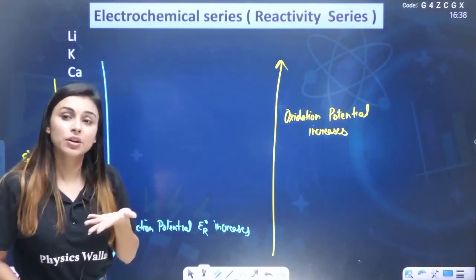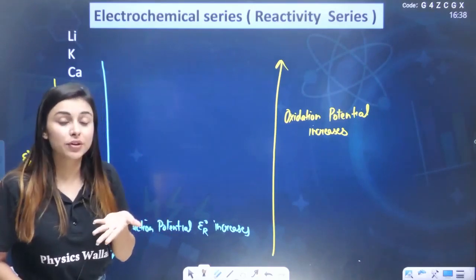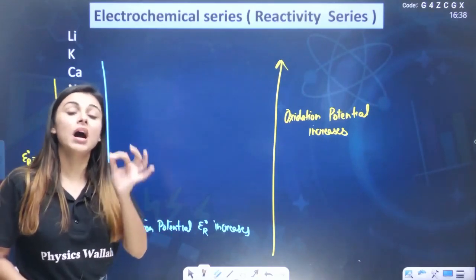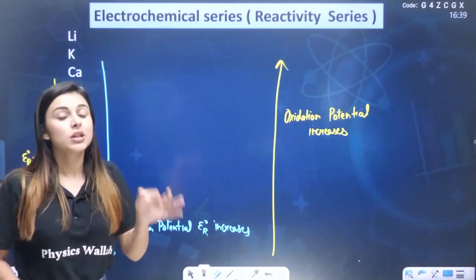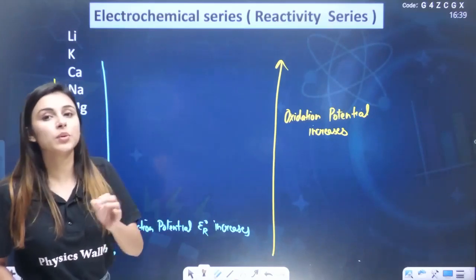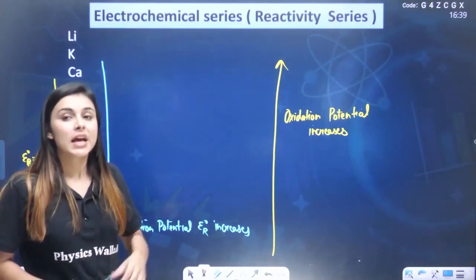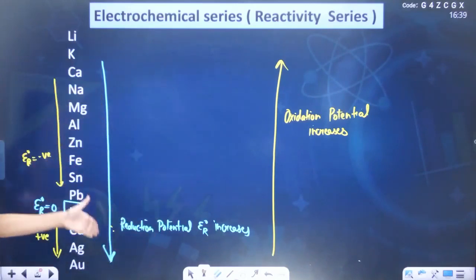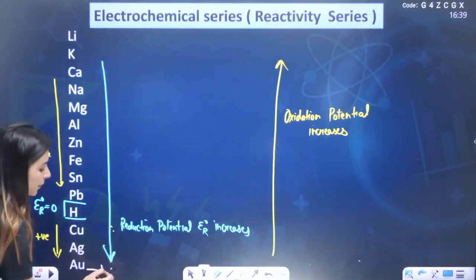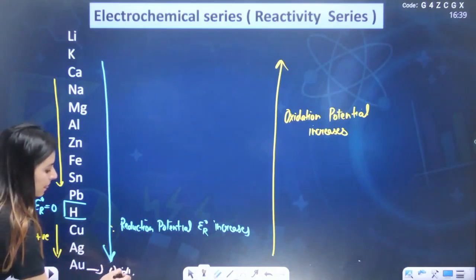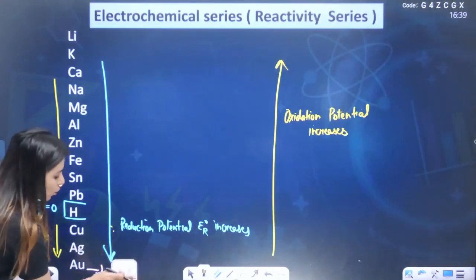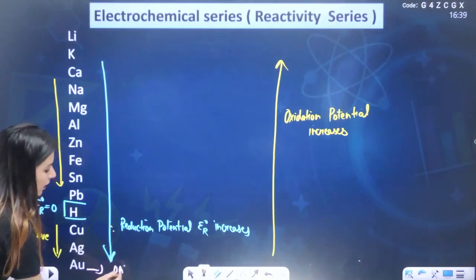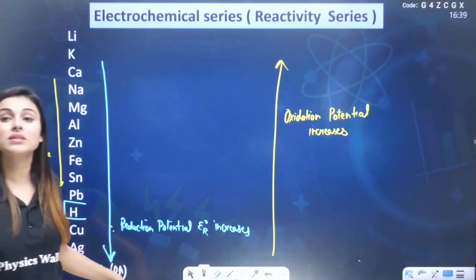So it will get reduced, and since it will get reduced, it should have a higher reduction potential. The more the reduction potential, the better the oxidizing agent, and we know that reduction potential increases down the group. So here we will get a better oxidizing agent. Can I write it OA? Yes, let me write OA. So here you will get better oxidizing agents.